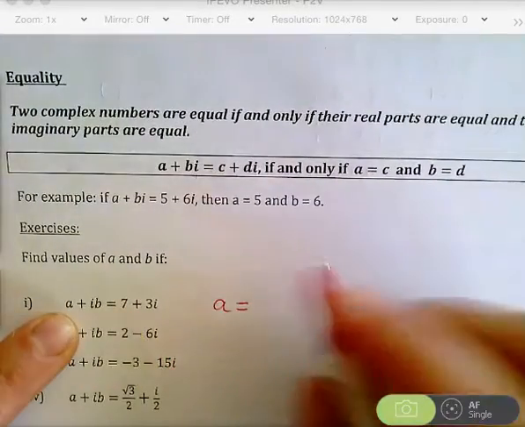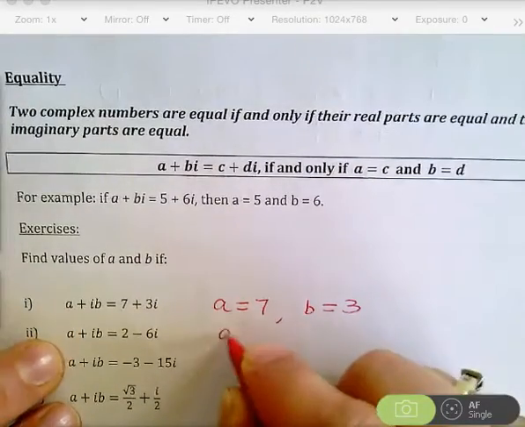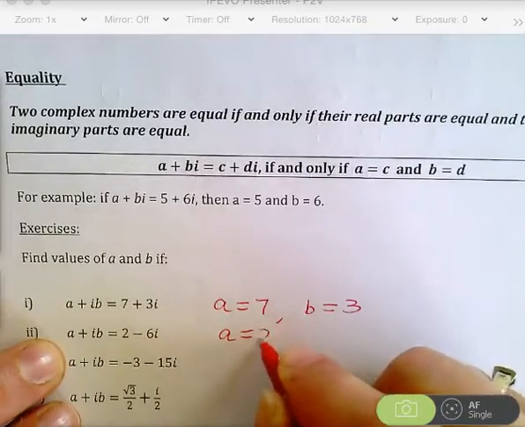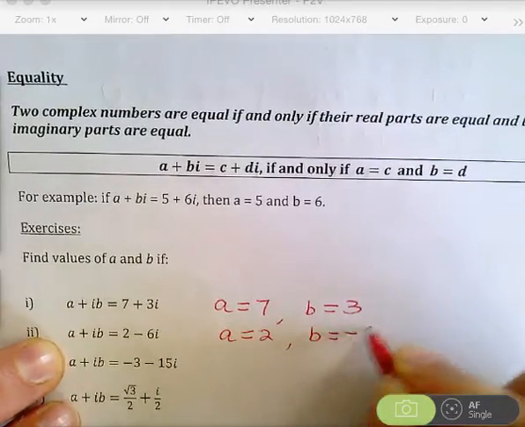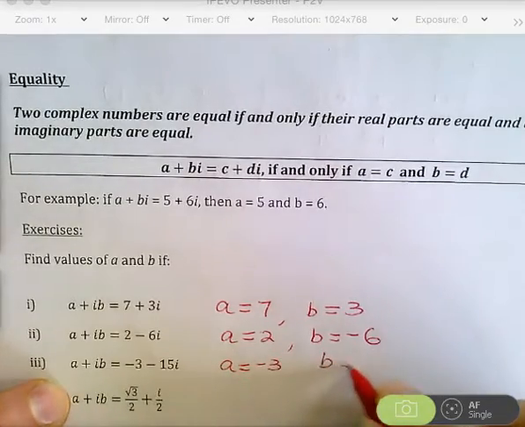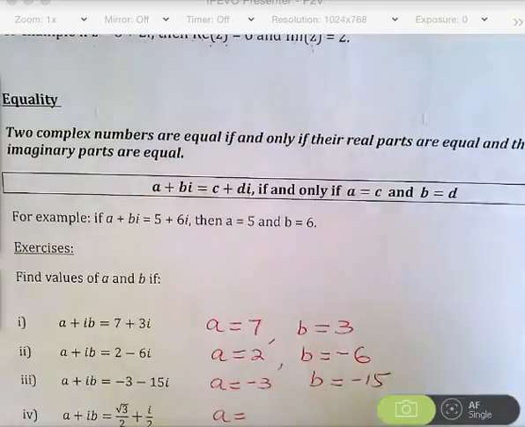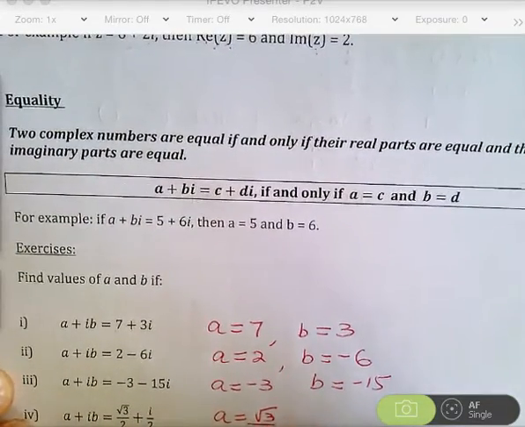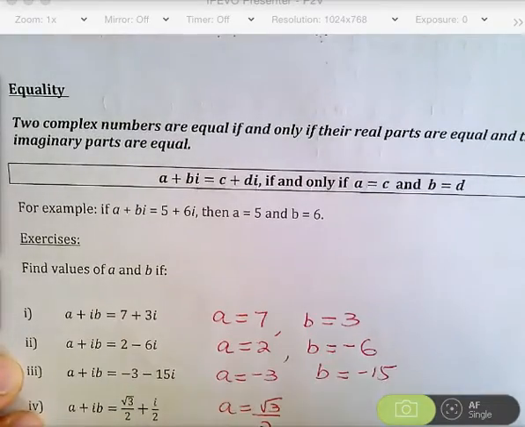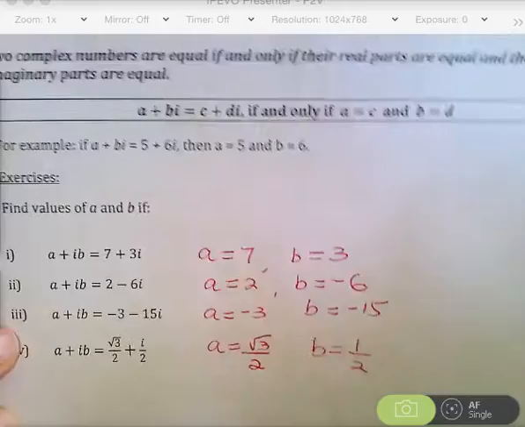Compare them, they're the real bits. 7, b is 3. The next one, a is 2, b is negative 6. The next one, a is negative 3, b is, and a is, be careful, root 3 on 2, that's still real, okay, and b is, good, because there's a 1 in front of that i, and b is a half. All good? Over the page.